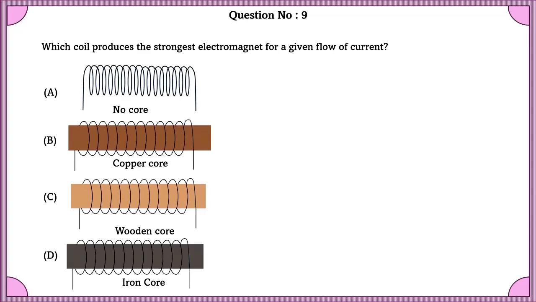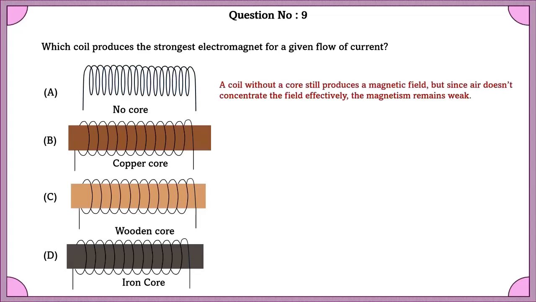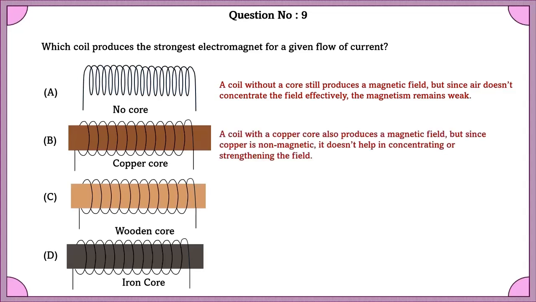Question number 9. Which coil produces the strongest electromagnet for a given flow of current? A coil without a core still produces a magnetic field, but since air doesn't concentrate the field effectively, the magnetism remains weak. A coil with a copper core also produces a magnetic field, but since copper is non-magnetic, it doesn't help in concentrating or strengthening the field.